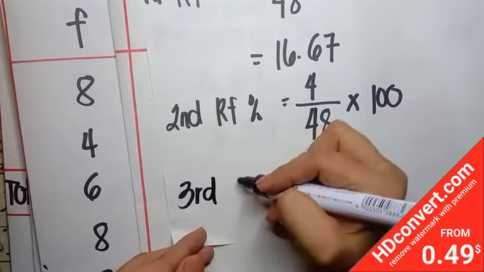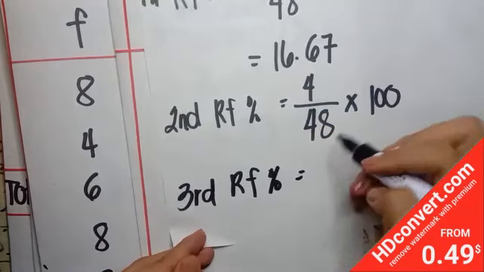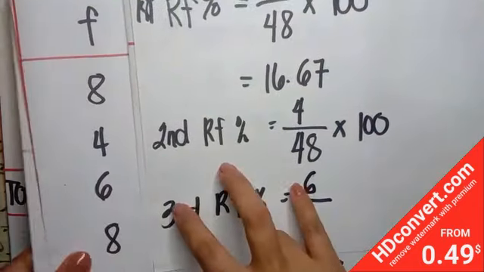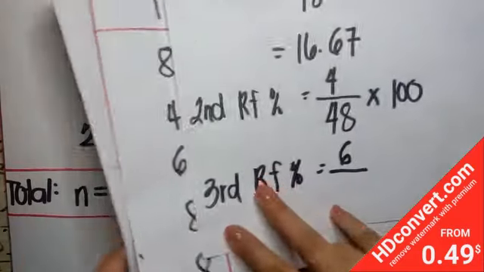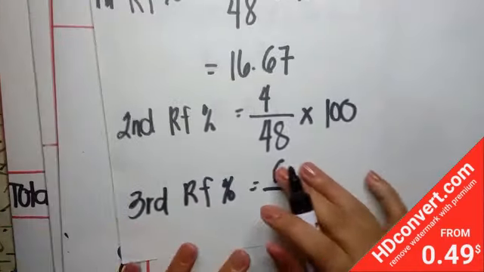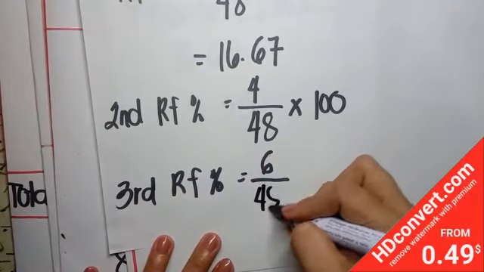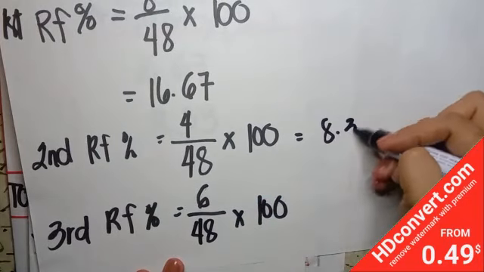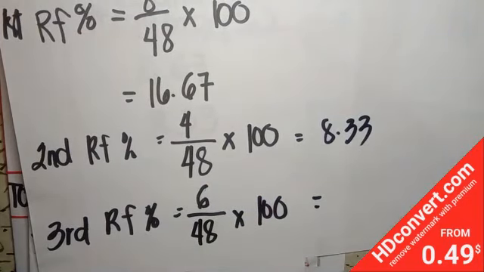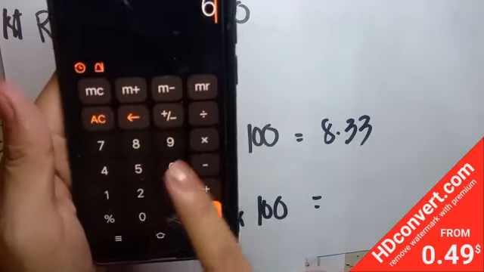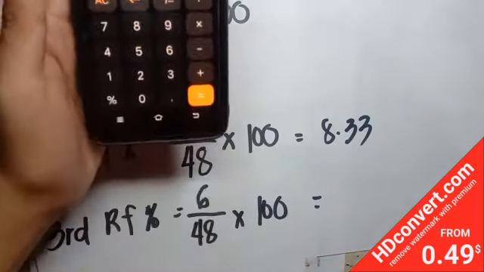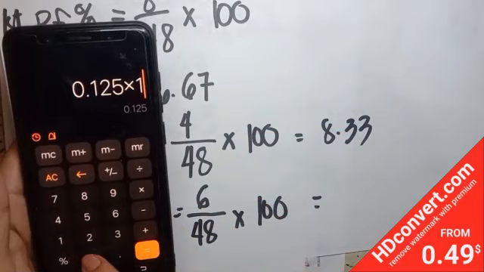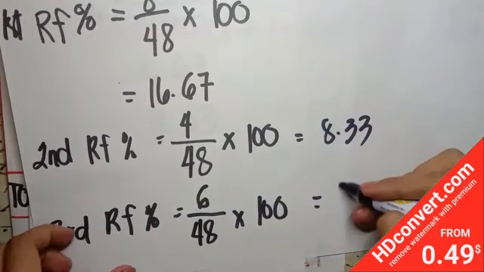Third, RF percent is equal to 6 over our total N, which is 48, times 100. Using the phone again, 6 divided by 48 times 100 is 12.5.